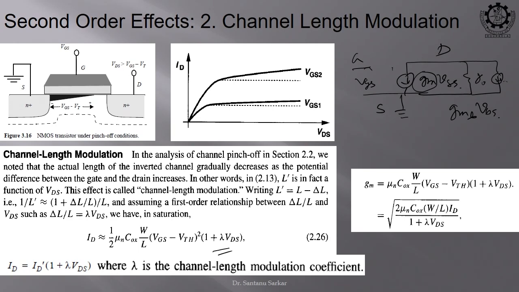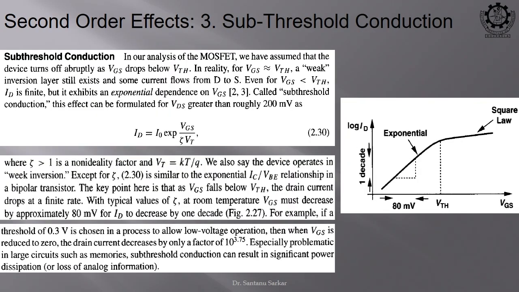So, this backgate effect is modeled by another current source, termed the backgate transconductance GMB. This GMB will be much smaller than GM, generally we neglect it, but in case we need to consider it. Okay. Channel length we have already discussed, so we will not consider it. The other short channel effects we will discuss in the next class.